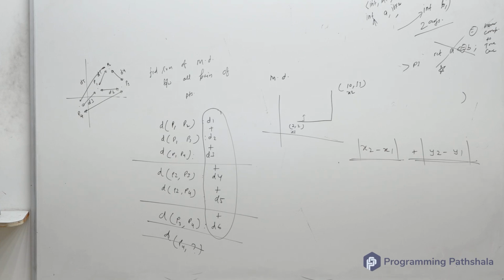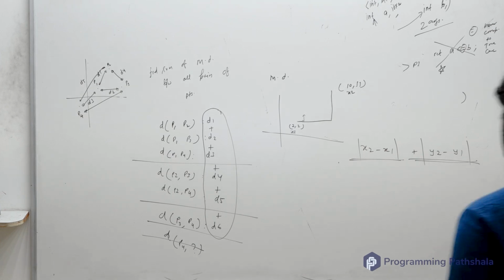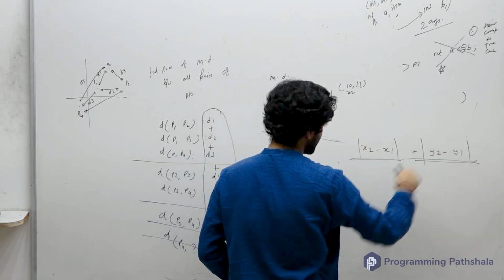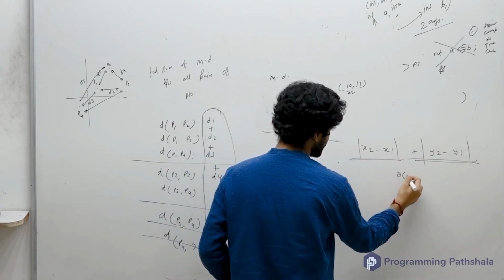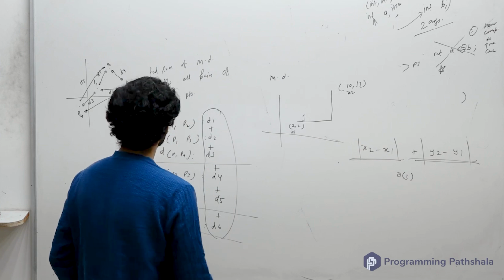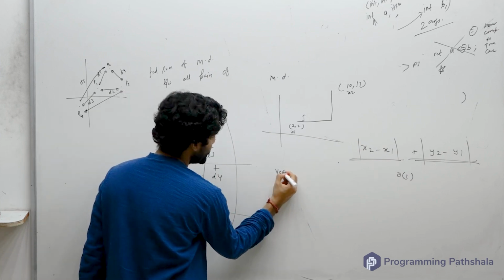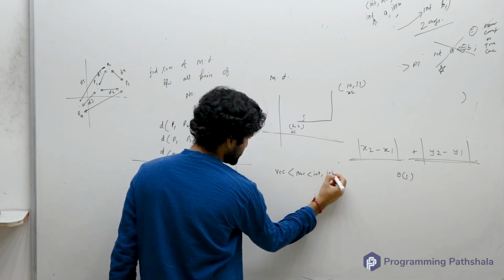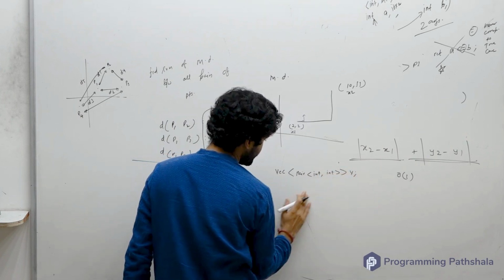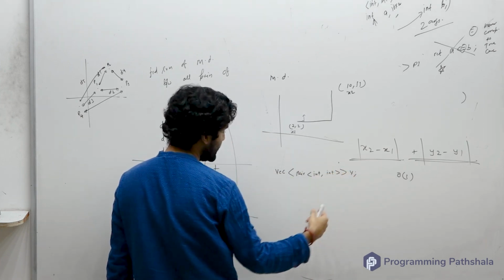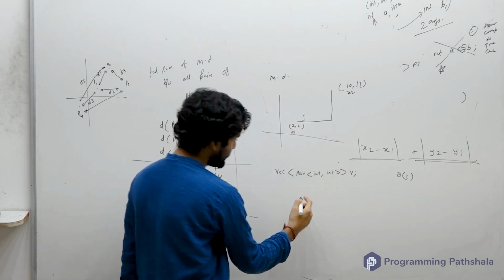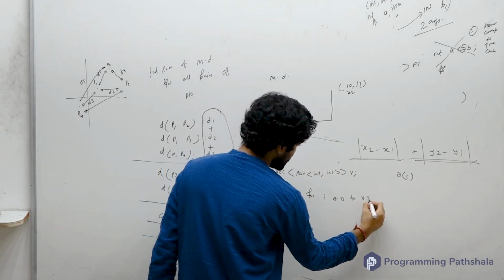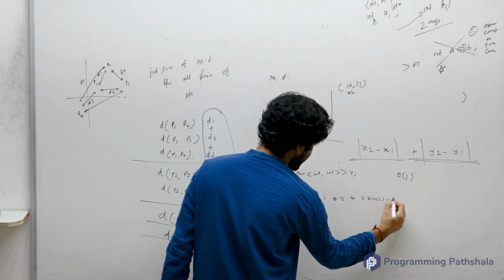Why order n square? Because computing Manhattan distance of any particular pair is just a constant operation. This operation is just order 1 operation. So different points are given to me in form of a vector of pairs. Okay, so you can consider all the non-repeated pairs in this vector. So you can start from i, go on till vector.size() - 1.